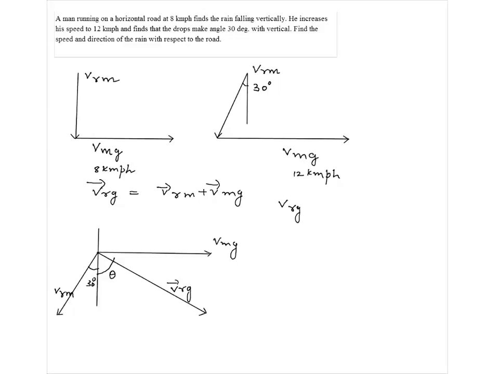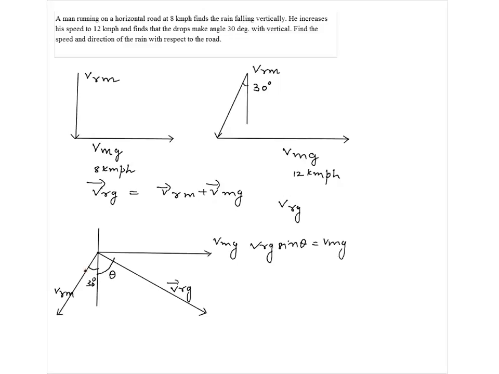All right, now we are going to equate the components. Horizontal component of VRG will be how much? This will be cos theta, this will be sin theta. So VRG sin theta. And then these fellows, the component on the right side, VMG fully is coming on the right side.